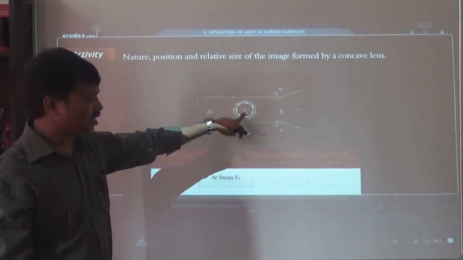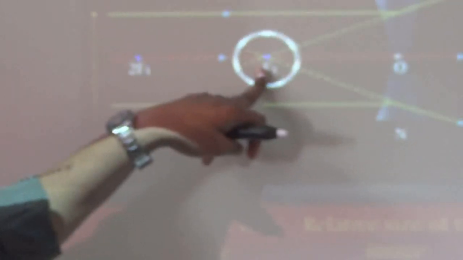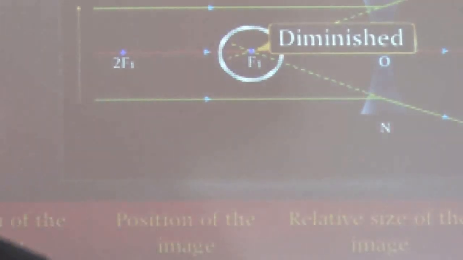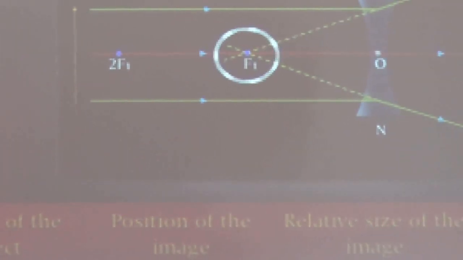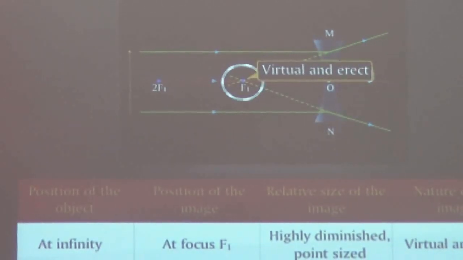But observe at focus: at focus, it is a point-sized, highly diminished, virtual image. Virtual and erect. This is case 1.